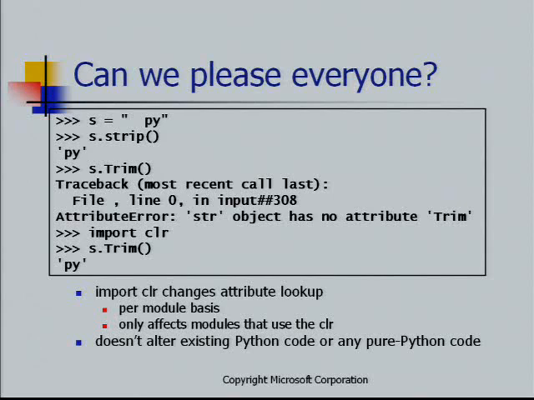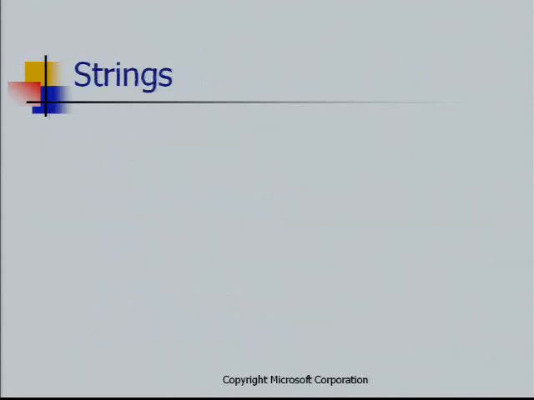And by us letting capital trim through into the pure Python world, it's too easy for developers to do the wrong thing and accidentally build code that depends on IronPython when they don't want it to. So we're doing the right thing to let people stay pure Python when they want to and only bring in .NET when they ask for it. So it was kind of unfortunate that we were first beaten up about it, but I'm happy with the solution.